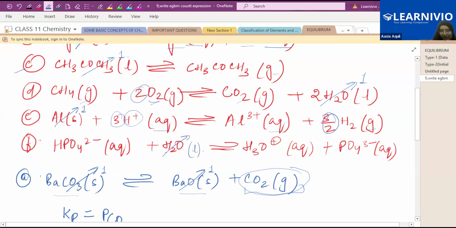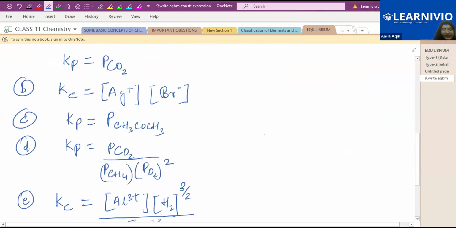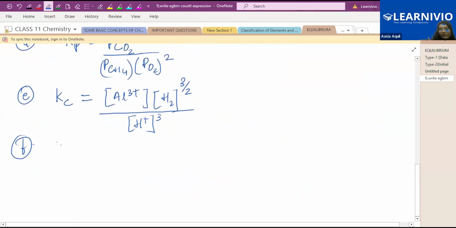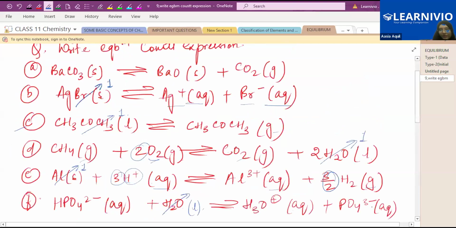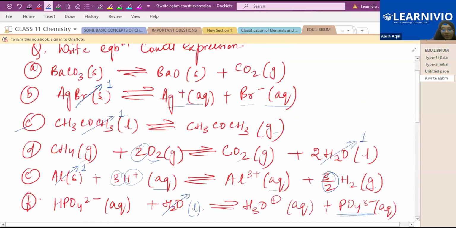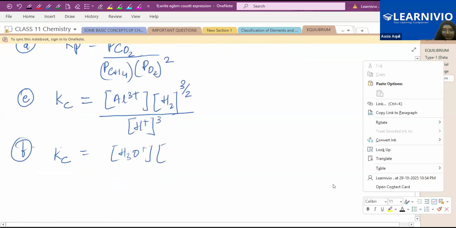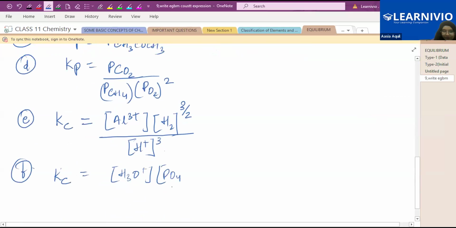So you will take water as unity, and because all the species are in aqueous phase, you will consider writing Kc equals the concentration of hydronium ion multiplied by the concentration of PO4 3 minus upon the concentration of HPO4 2 minus.